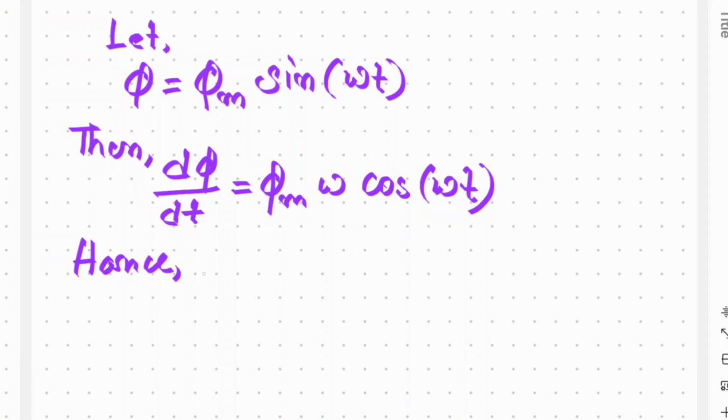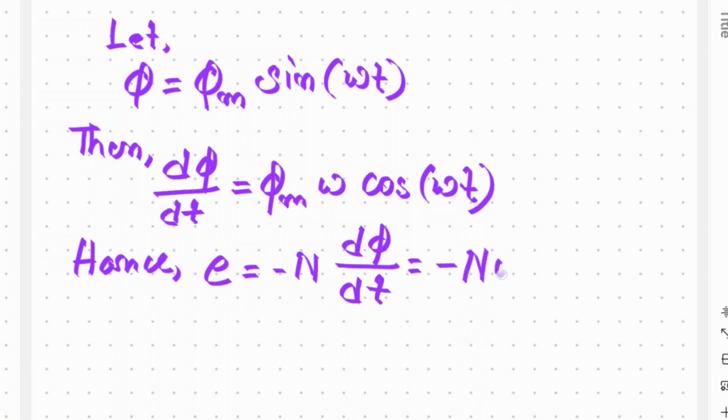Hence e is equal to minus N d phi by dt is equal to minus N omega phi m cos omega t.